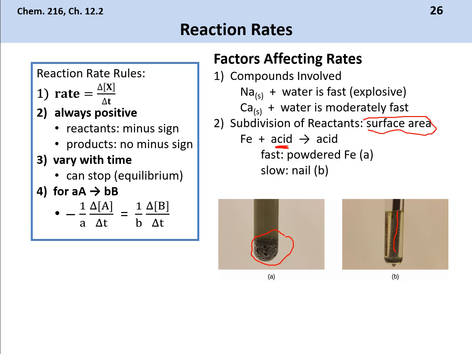We know this when we do a chemical reaction in the kitchen, right? If I want to heat something up and I just have a frozen burrito, it's going to take a long time. But if I cut it up into pieces, it will actually cook faster.